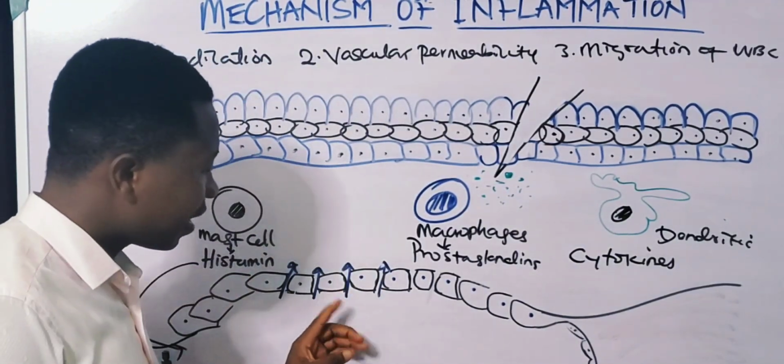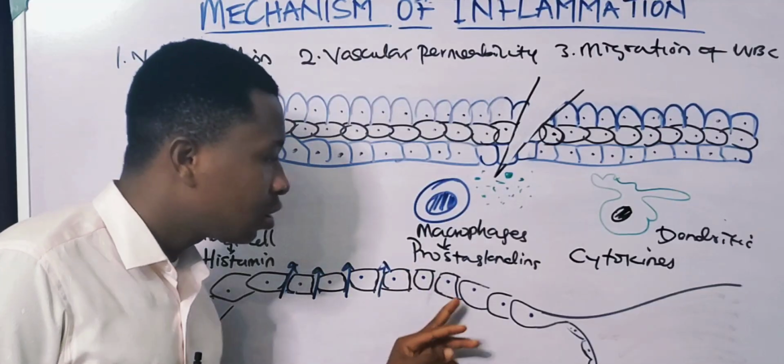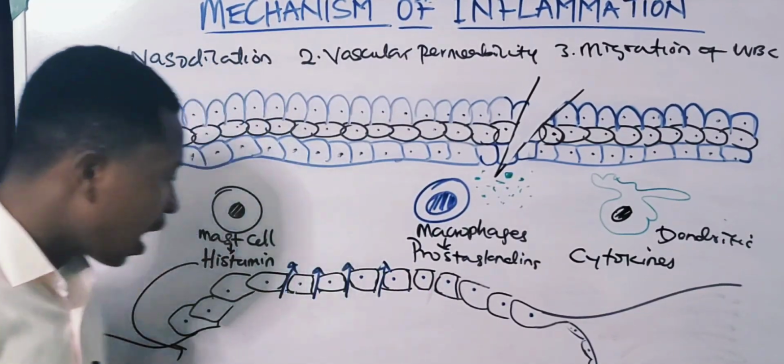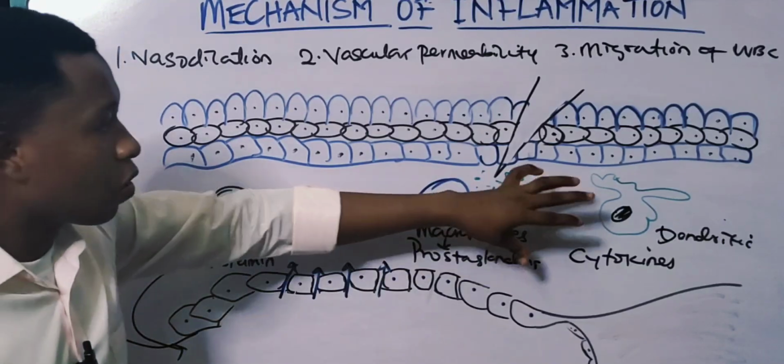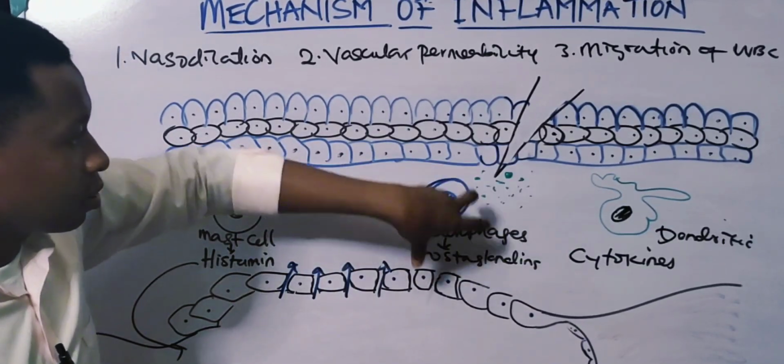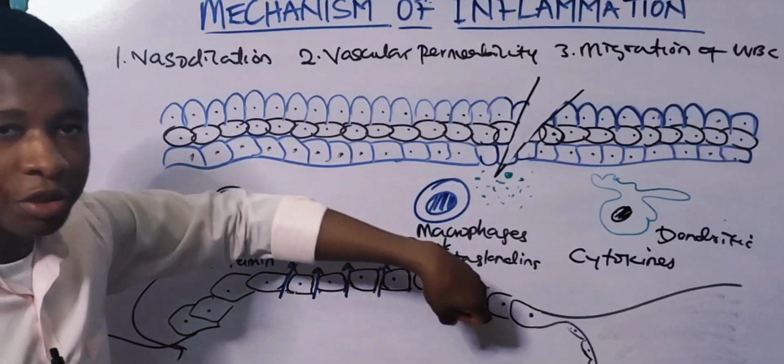So those cells have the ability to come out of these openings. When that happens, the fluid leaks out to different parts of the site of localized infection.